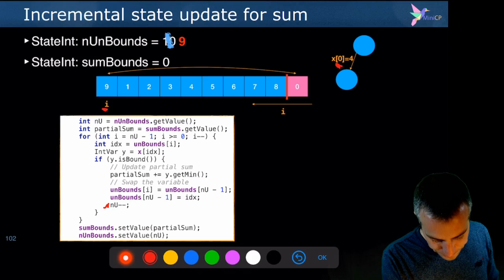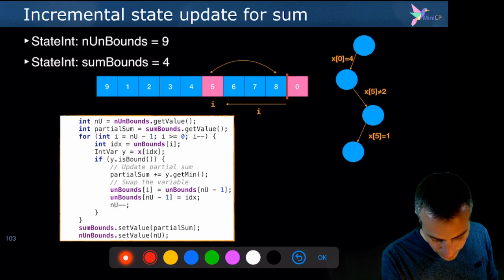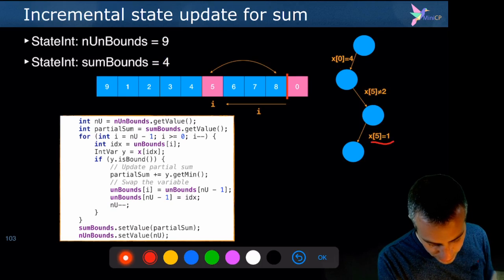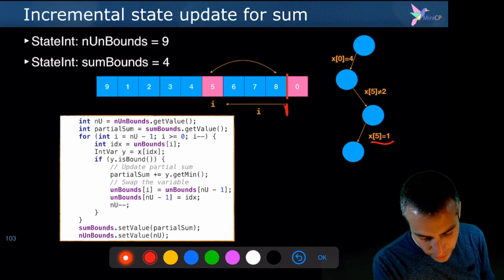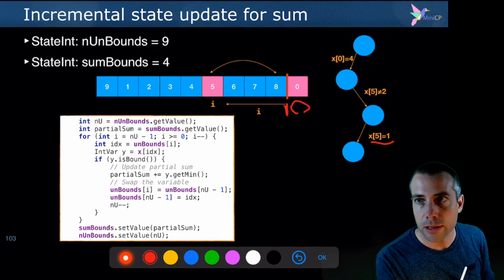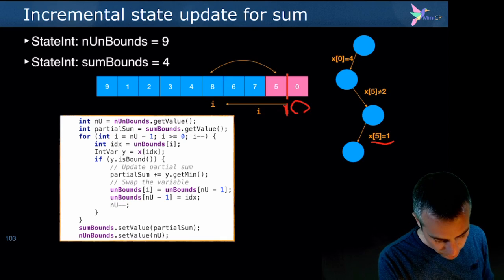If I continue like this, I will have x5 equal to 1, which is the next one which is bound. But now you see that I'm starting from here. So already I do the economy of one iteration on my array here. I realize that this one is bound. I swap it. I augment my partial sum.